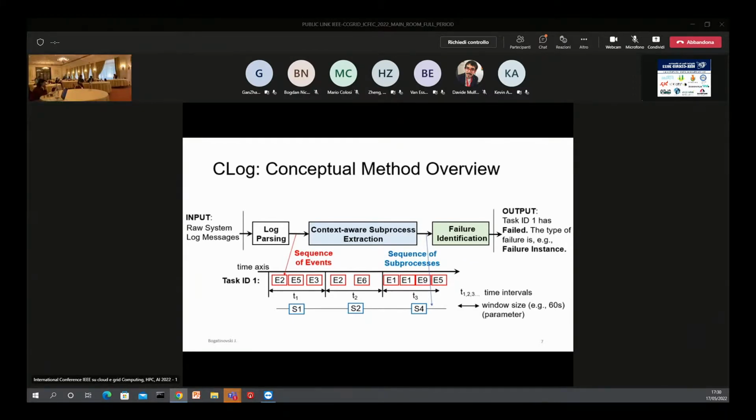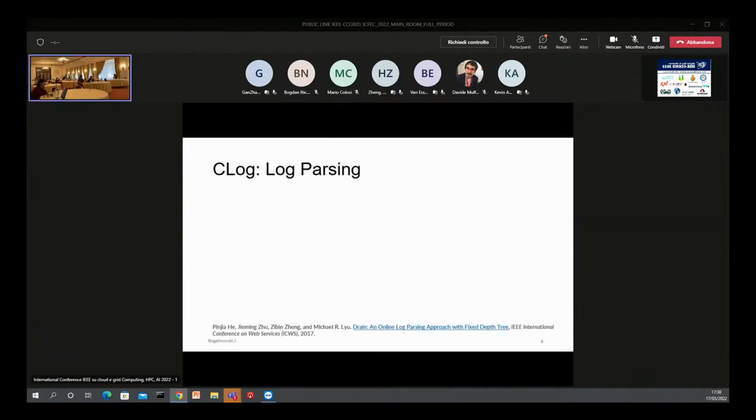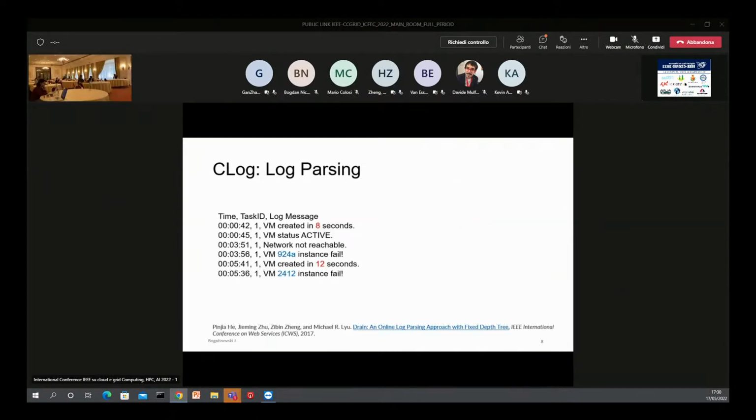Just briefly, for those not familiar, log parsing is a procedure where we have executed raw events, and we want to come to more or less resemble the log instructions that are actually inserted in the source code. Obviously, we assume that we have no access to the source code.